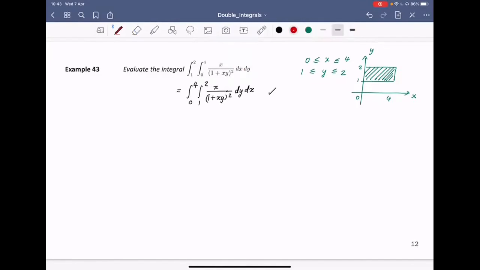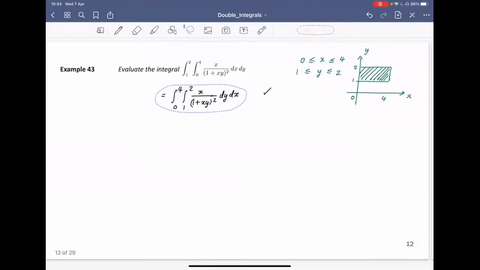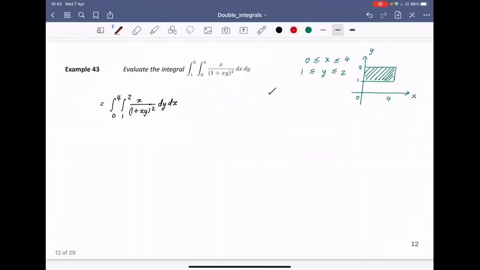Well, that makes my work a lot easier because if I integrate with respect to y first, I'm going to copy this thing to this. If I integrate with respect to y first, you see what happened. I can pull out x.